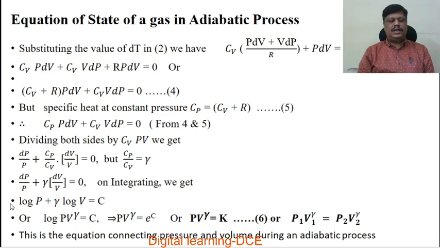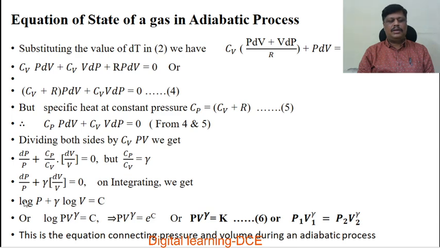Gamma log V can be written using the rule log A plus log B is equal to log AB.